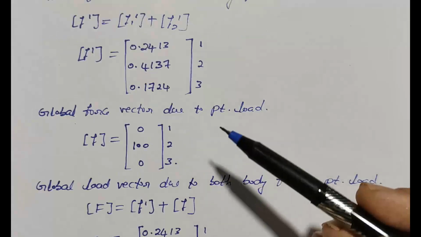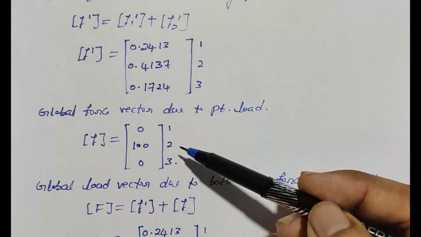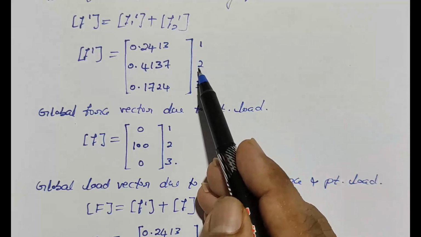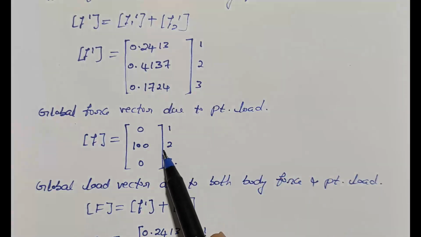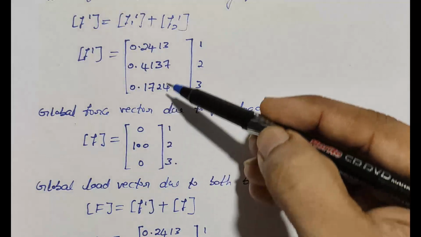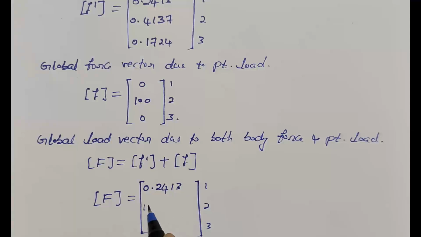Next we need element corresponding to 2. See the global force vector due to body force and point load. In global force vector due to body force, element corresponding to 2 is 0.4137. In global force vector due to point load, element corresponding to 2 is 100. Means here you have to add this 100 and 0.4137. So here it becomes 100.4137.